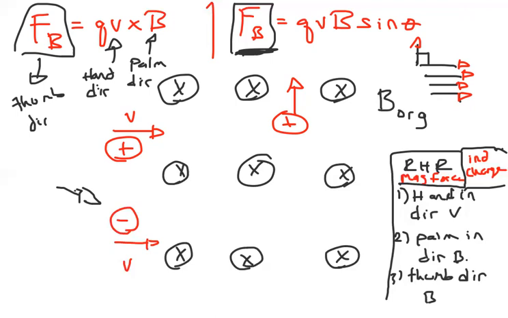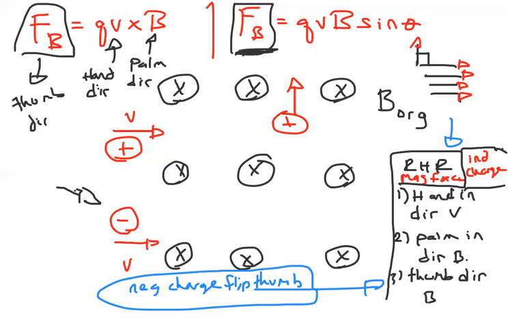Yeah, we just have to flip our thumb in the opposite direction. But remember that if there's no positive charge, make sure that you do all this, and then just remember the caveat that for a negative charge, you flip after you've done step 3.